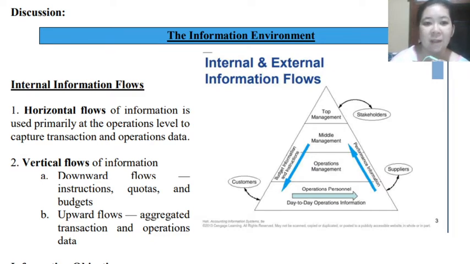So that's upward, meaning this is just the opposite of our downward flow. From the lower level of management or the employee, up to the top management. That's how it is for vertical flow.